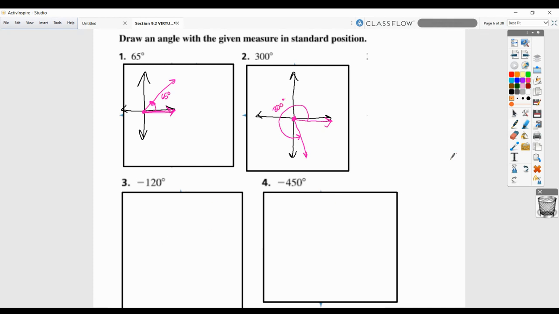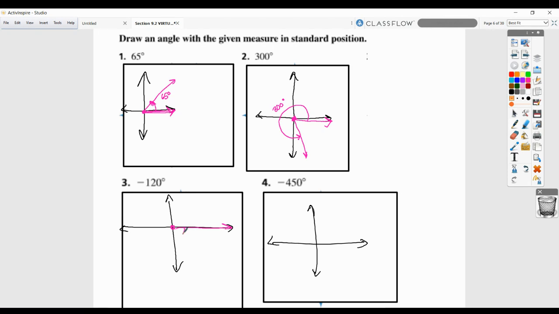Next one, negative 120. We draw in our little coordinate plane. Negative 120 would mean I'm still starting at 0, 0, and I'm going backwards here.